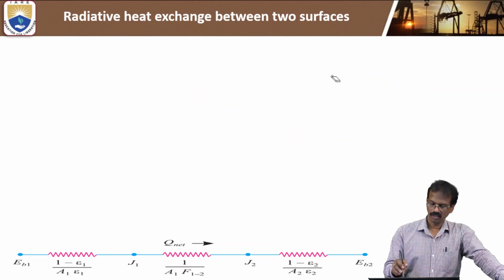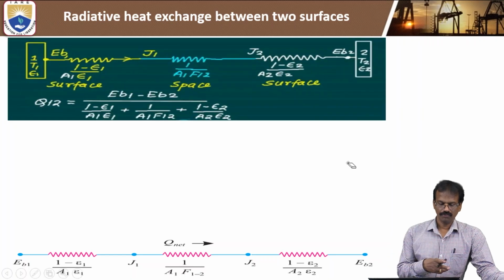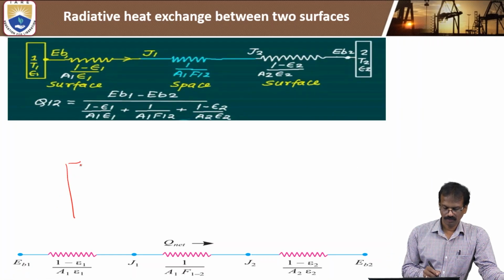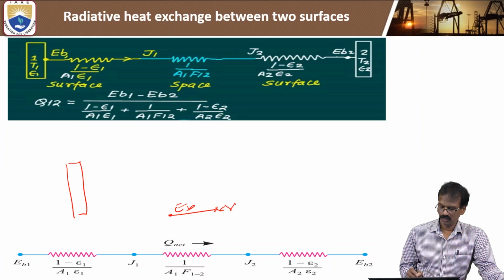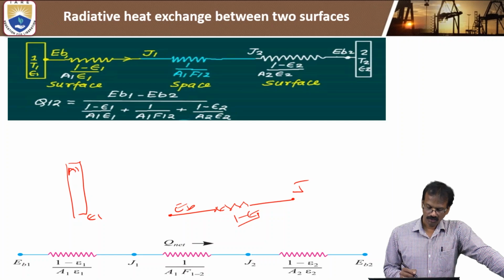Here I am taking the two surfaces. The surface 1 is the first surface. This surface has a thermal resistance, which you can write like this: from Eb to the resistance to radiosity. Suppose this is the first surface, with emissivity epsilon 1, and if you consider the area A1, then 1 minus epsilon 1 by epsilon 1.